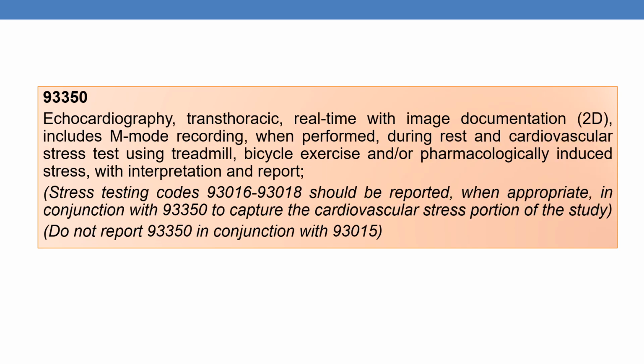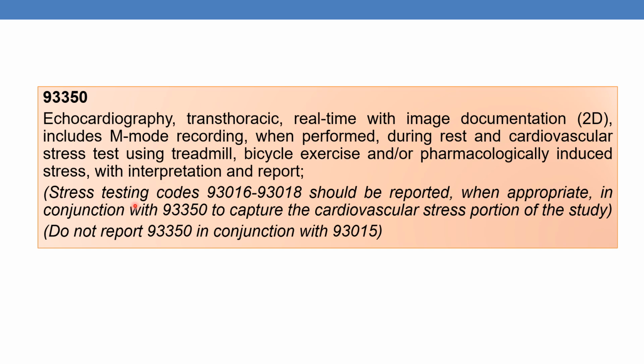The next is 93350. Echocardiography transthoracic real-time with image documentation includes M mode recording when performed during rest and cardiovascular stress test using treadmill, bicycle or pharmacologically induced stress with interpretation and report.